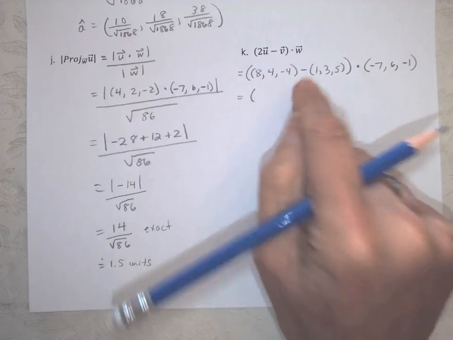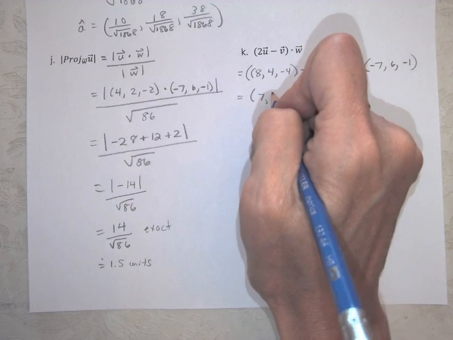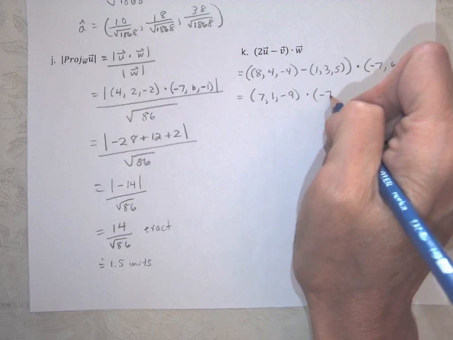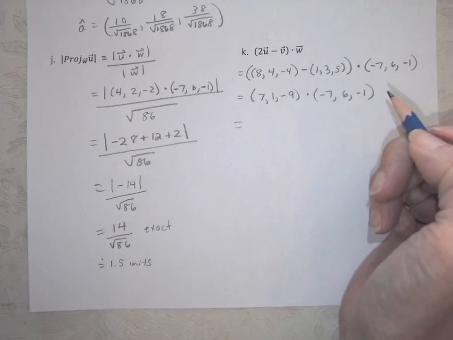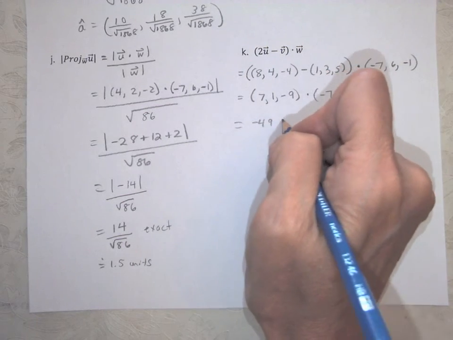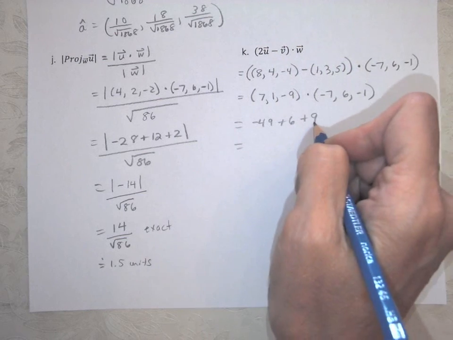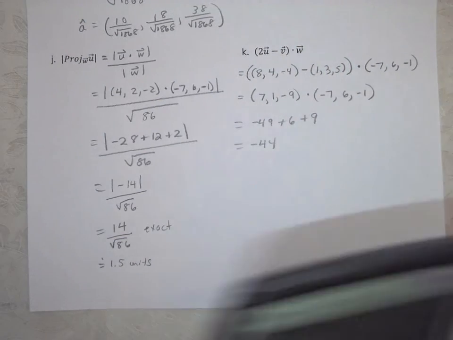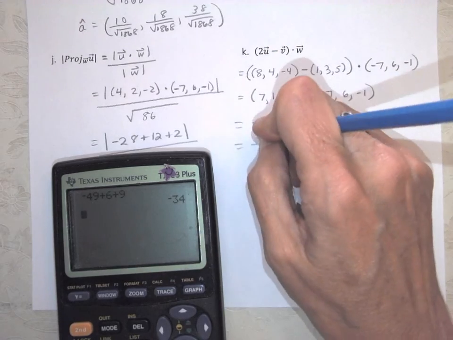When I subtract these two vectors, I'm going to get vector 7, 1, negative 9, dotted with vector negative 7, 6, negative 1. Dot product, multiply and add, so negative 49 plus 6 plus 9 gives us negative 44, I believe. Nope, negative 34.